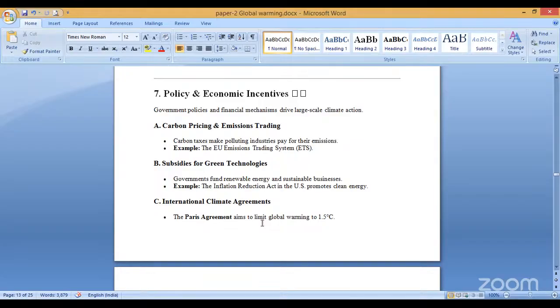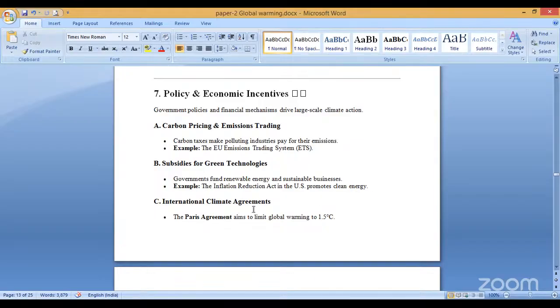For example, the EU Emissions Trading System, also known as ETS. Subsidies for green technologies: governments fund renewable energy and sustainable businesses also. The Inflation Reduction Act, a US program, promotes clean energy.